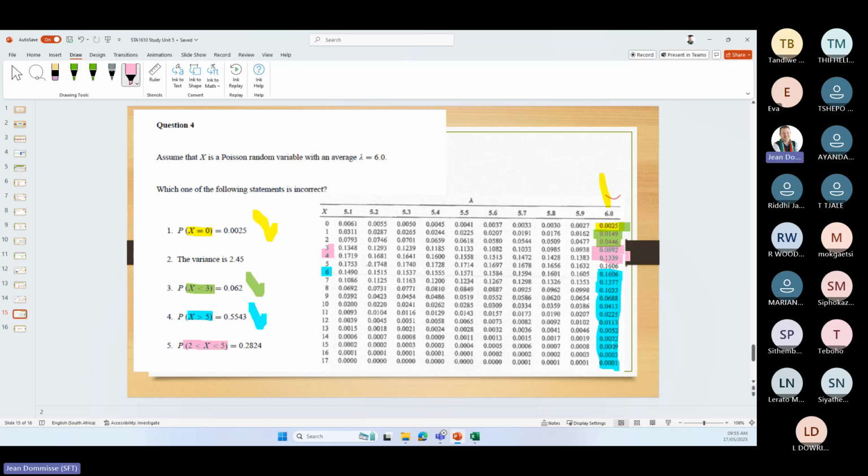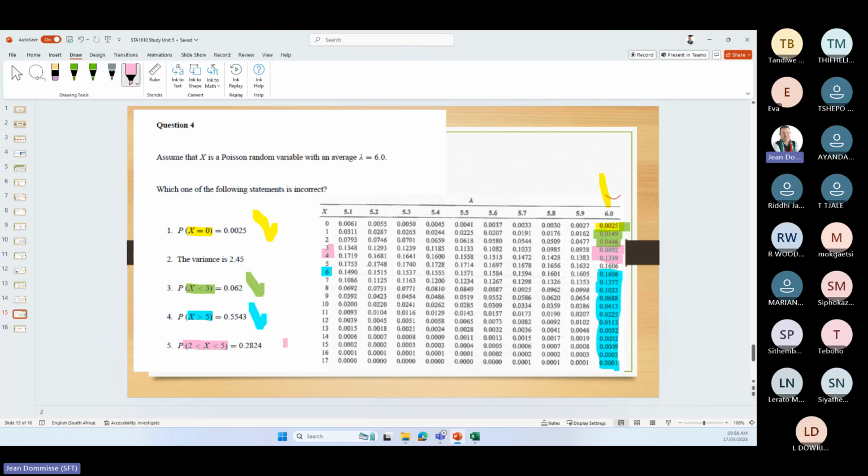0.0892 plus 0.1339. I get, please just check for me, I get 0.2231. Just so it's smaller than 5, so it does not include 5. Okay, very interesting.